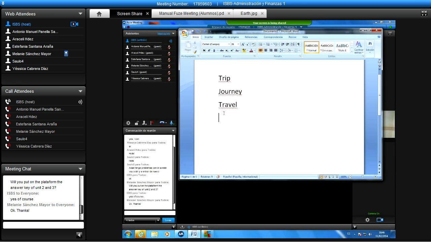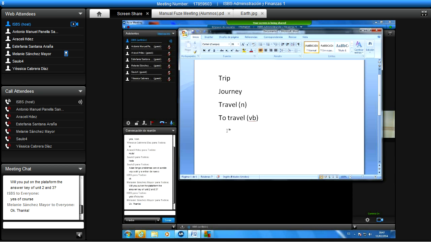For example, travel. Let's start with travel. Is that a verb? Yes. Is it a noun? It is also a noun. So travel is a verb and a noun. So you can say travel or to travel as a verb.